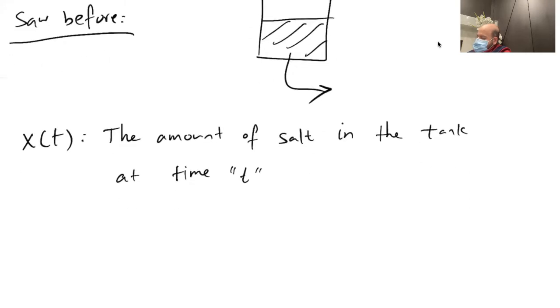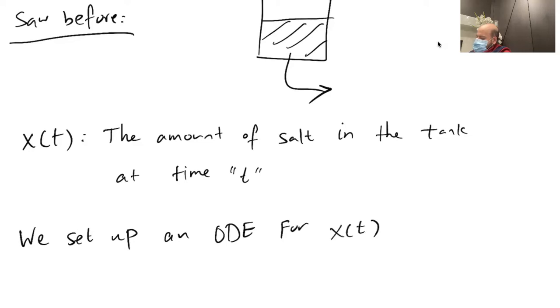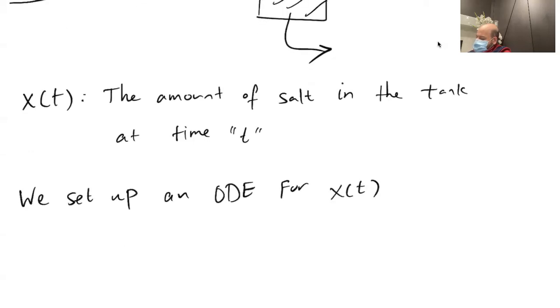Then we set up an ODE for x of t. How did we set up the ODE, by the way? The way that we set up the ODE, we said that the rate of change of x, dx/dt, is equal to rate in minus rate out.